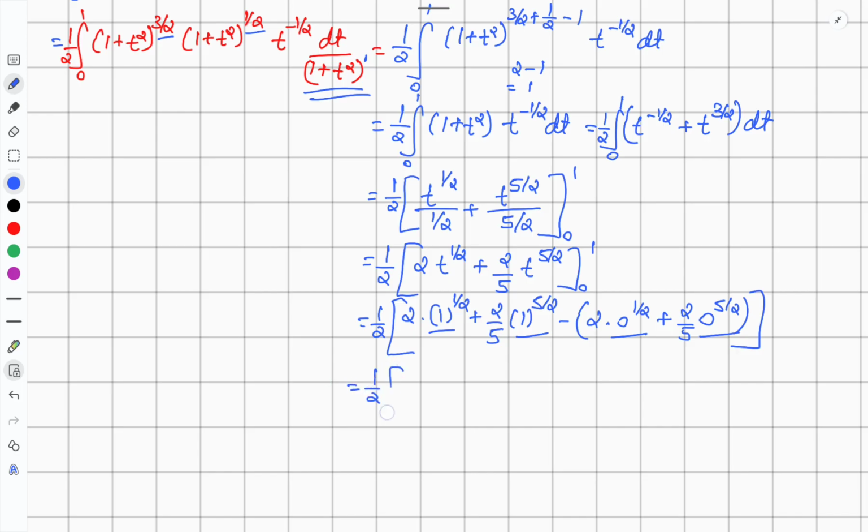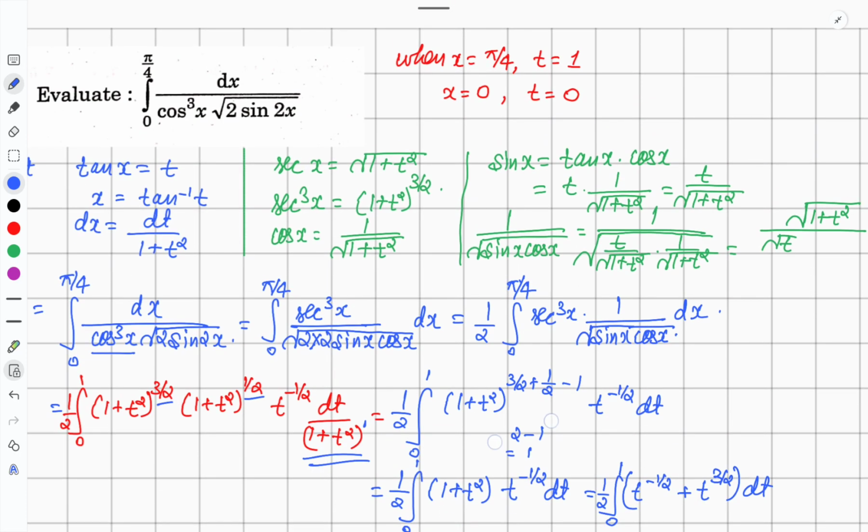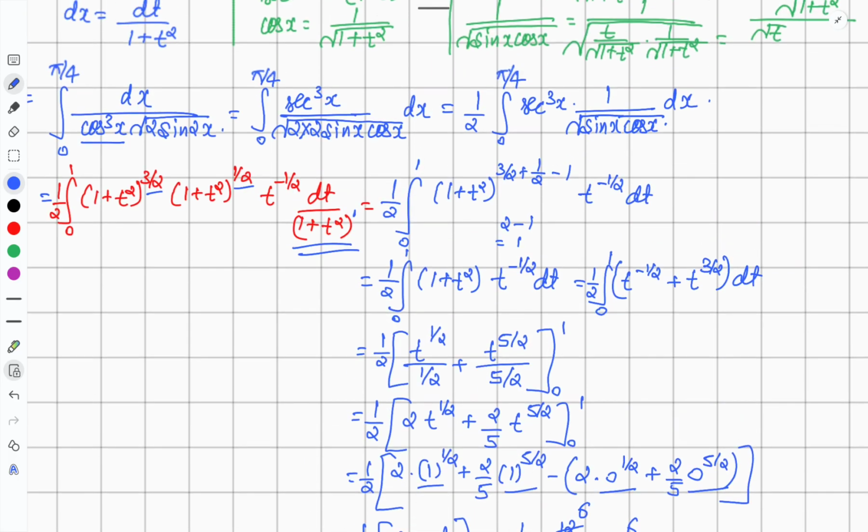So simplify that a bit, which is 2 plus 2 by 5, and everything else is 0. So this will be 1 by 2 into 12 by 5, and the final value of I will be 6 by 5, which is our answer. Yes, this is what it is.